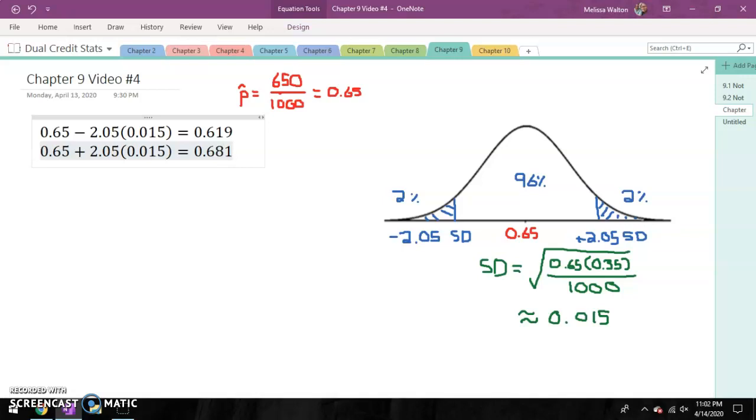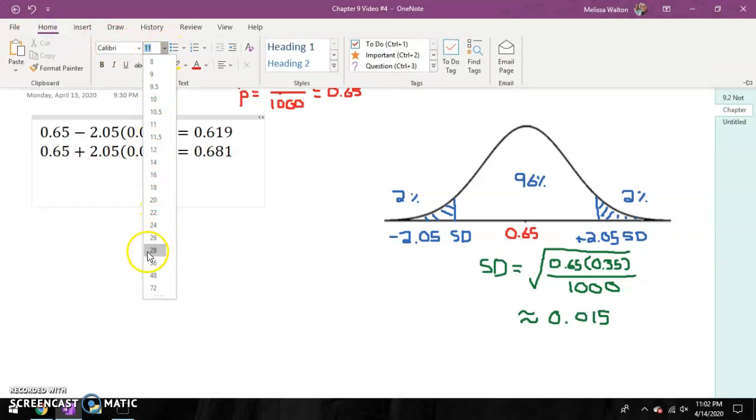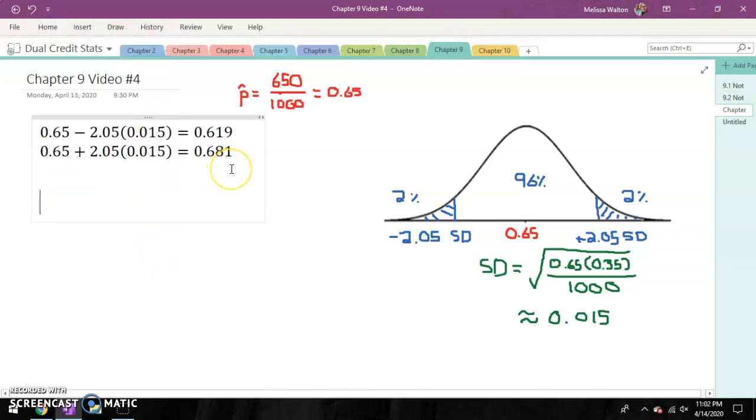What does this mean in the grand scheme of things? We only took a sample. We did not survey every single college senior and ask them whether they were planning on getting a graduate degree.